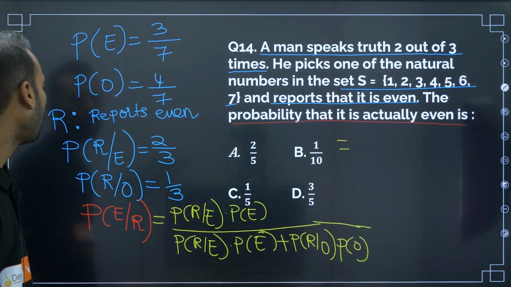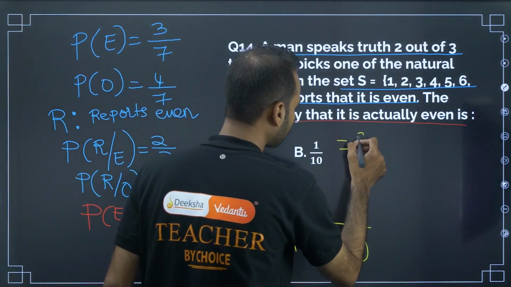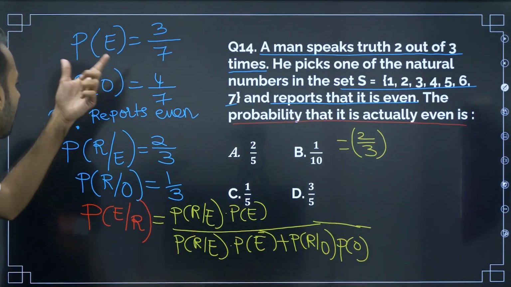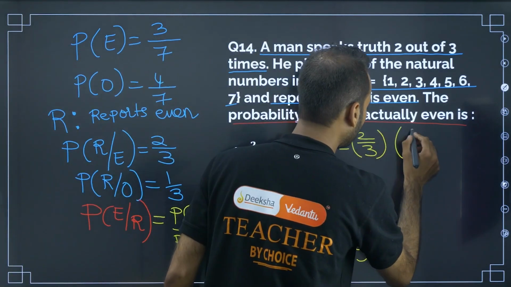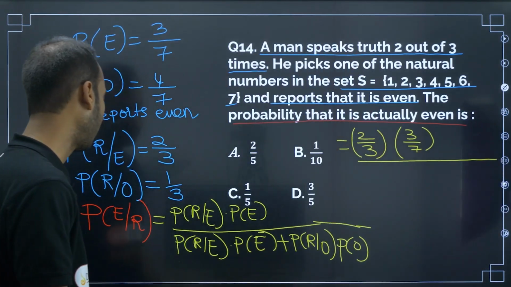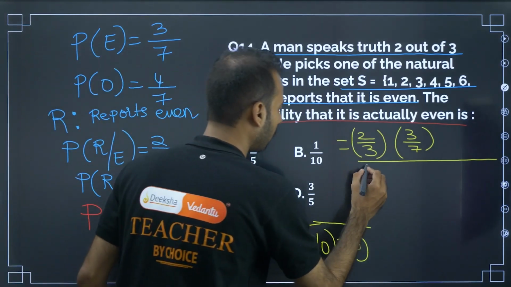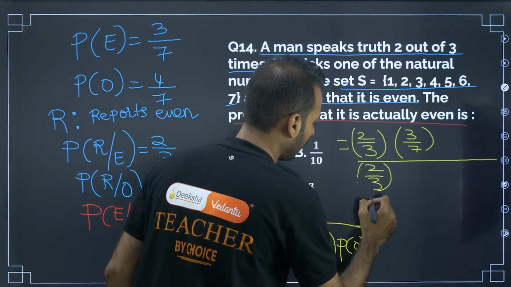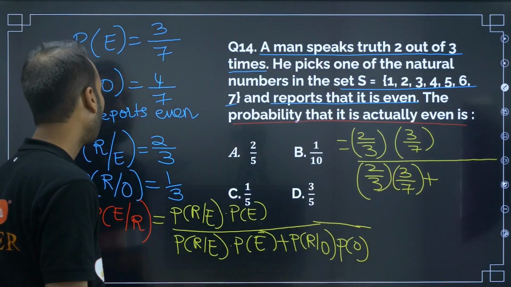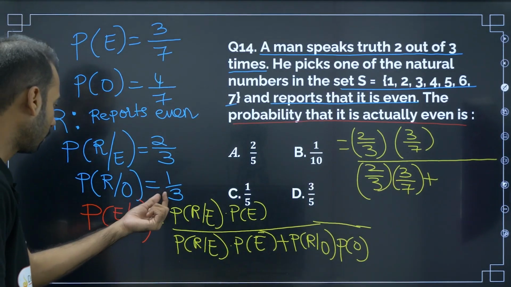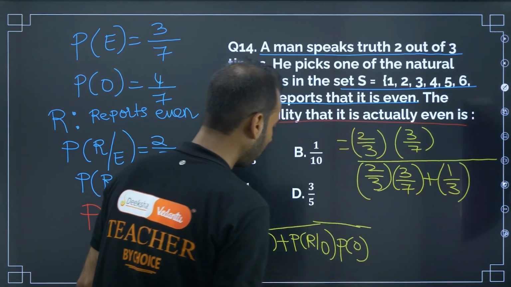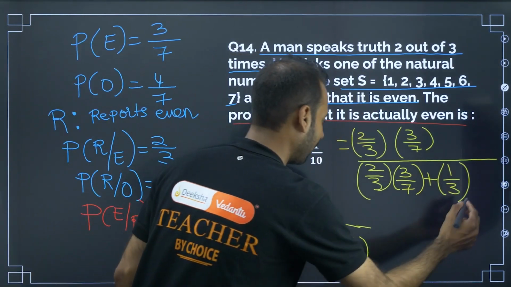R given E is 2 by 3. Probability of even is 3 by 7, divided by R given E 2 by 3 times 3 by 7, plus R given O is 1 by 3, probability of odd 4 by 7.